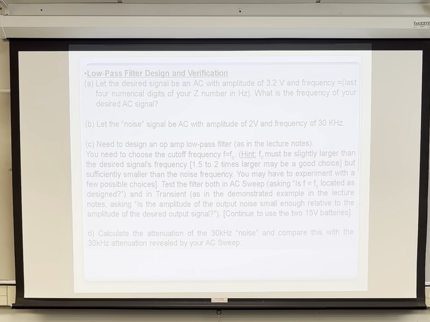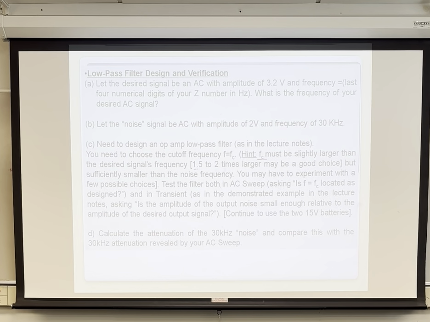And then this version is similar to your homework assignment. Let the desired signal be AC with amplitude 3.2 volts and frequency the last 4 numeric digits of your Z number. What's your frequency? The noise is 2 volts with a frequency of 30 kilohertz. Decide on your cutoff frequency.